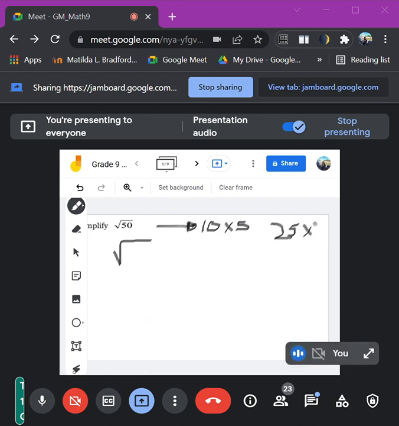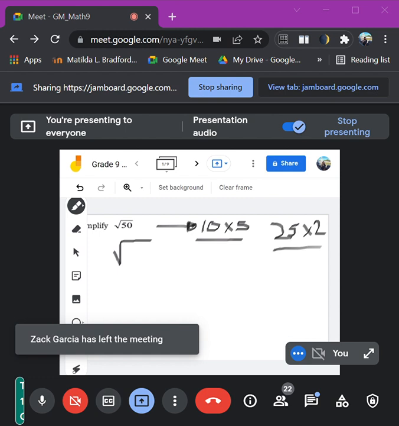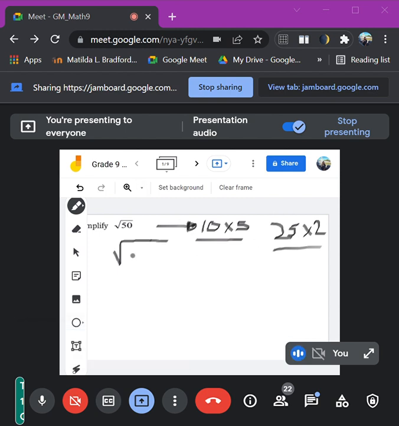So, we're going to look at these factors of 50. Since our index here is 2, that is a square root, we look for the factors that can be square rooted. Can 10 and 5 be square rooted? Or 25 and 2? 25 and 2, sir. Okay, so we can use our 25 and 2.